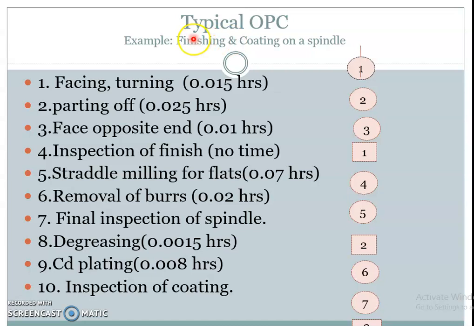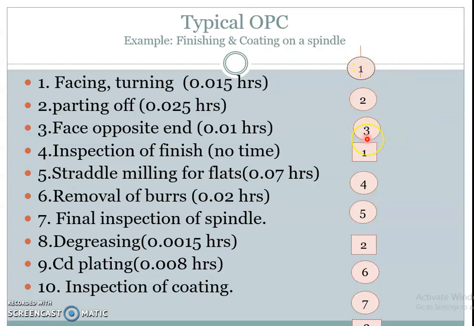Here one example is illustrated. The example is taken for finishing and coating on a spindle. The outline process chart is constructed here. As per the rules, we describe the time on the left-hand side of each symbol, while on the right-hand side we mention the corresponding activity.